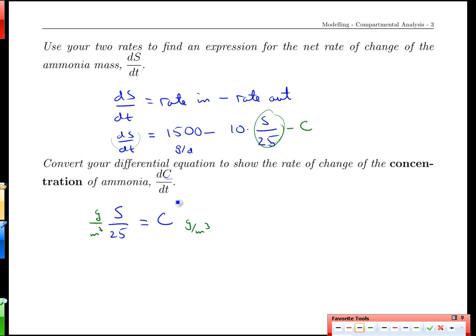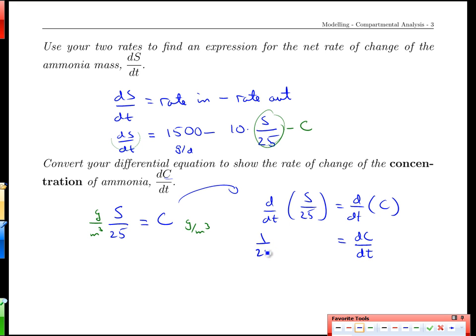Well, the nice thing about what we learned in the fall term is that we can do an implicit derivative here. We can take the time derivative of both sides. And when we do that, we get pretty much what we'd expect. The rate of change of concentration is going to be 1/25th the rate of change of the amount of ammonia.